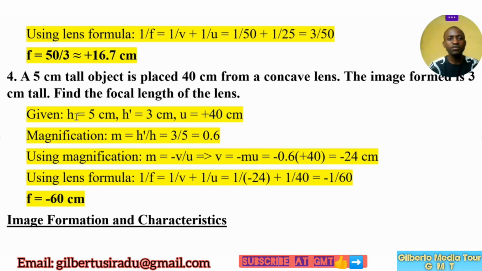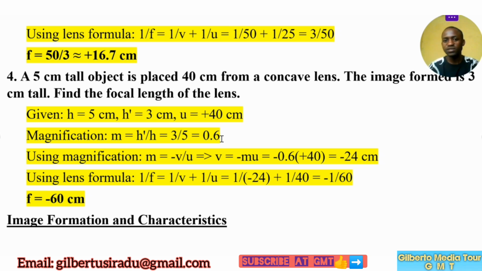We were given the height of the object, 5 cm, the height of the image, 3 cm, and the object distance, 40 cm. For magnification, another formula we use is the ratio of the size of the image to the size of the object, which equals 0.6.